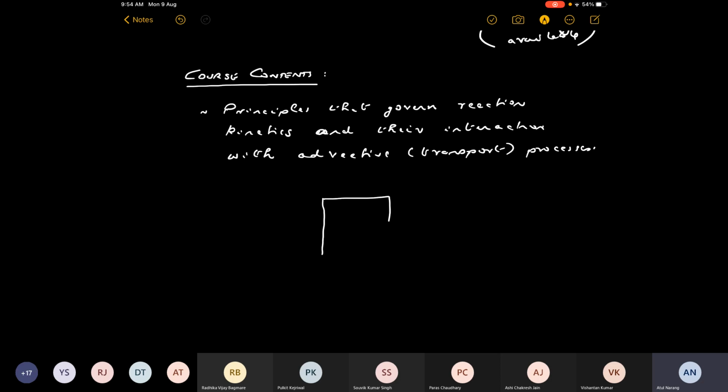But I just want to point out that here are two simple examples. Here is a reactor. If it is well stirred, then I can do a reaction in this reactor. And if it is well mixed, then I have a pure kinetic problem.